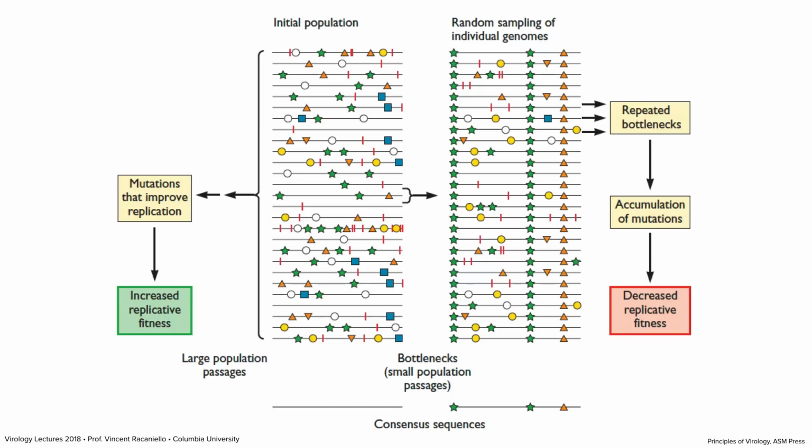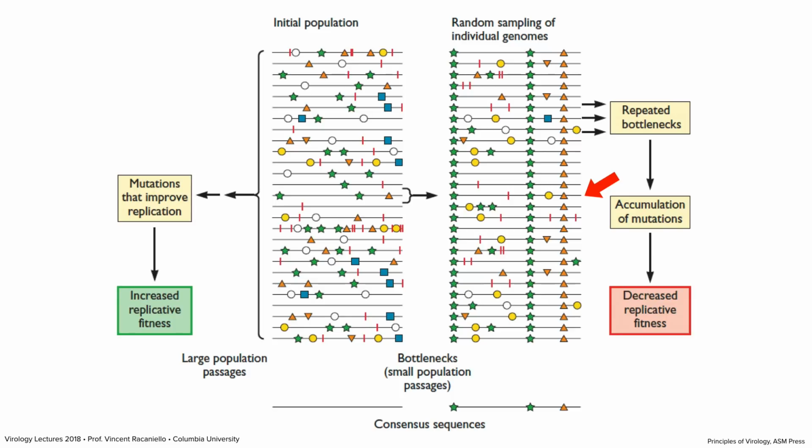So on the left, we have our quasispecies of virus. And if we infect cells with this virus and let them replicate, the whole population is replicating. And the viruses that are fit for that day in that particular cell emerge and predominate. But when we pick a plaque, we are isolating the progeny of one of these genomes, essentially.